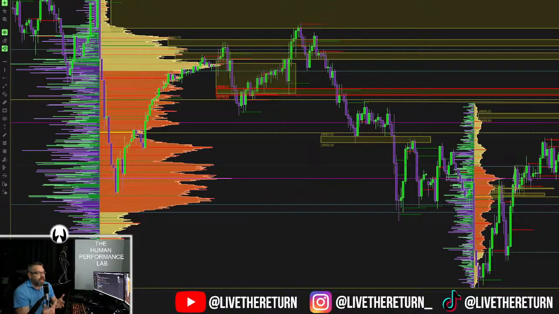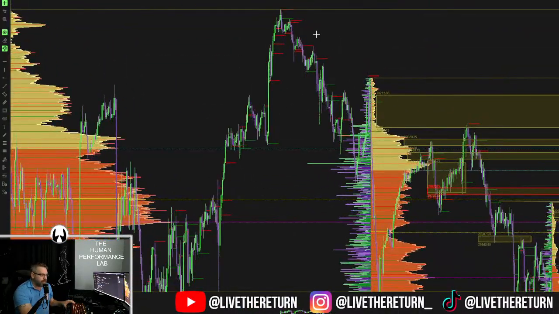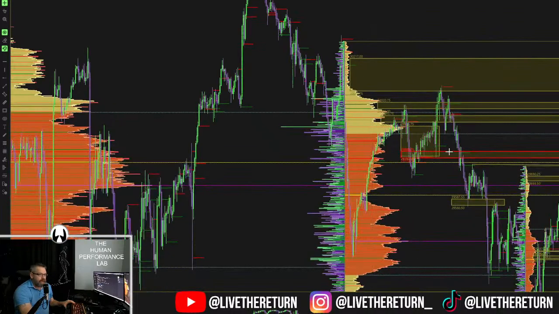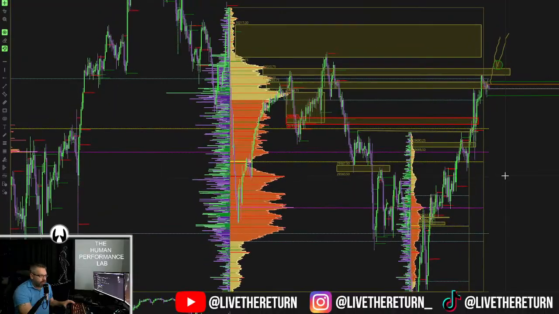And every time we've been hitting the 30,000, what have we been doing? We've been rejecting it for the most part. And we came above it here, but this was over a week ago. And in the last week, since we've gotten below it, we've been hitting it as resistance. So keep all of that in mind.